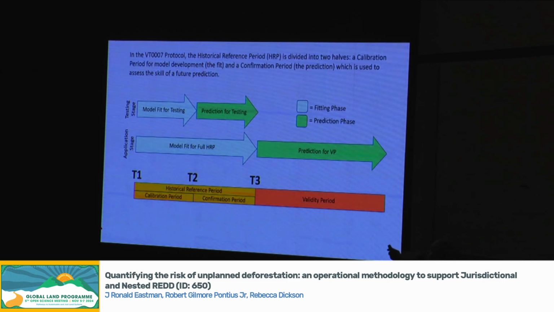And then we do that again for a prediction into the confirmation period. We do it again for an empirical model. You can test any number of empirical models you want, but if you select an empirical model, it can only be because it has exceeded the benchmark for both the period of the fit and for the prediction, for the calibration and confirmation periods.